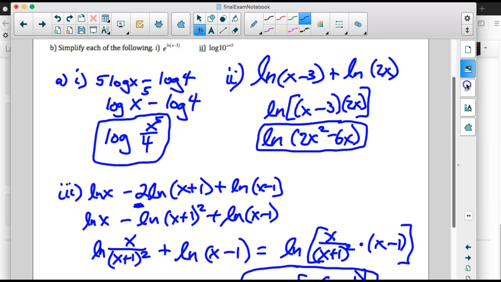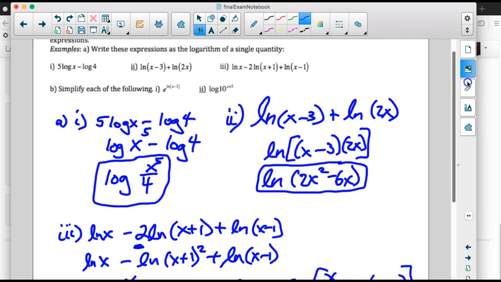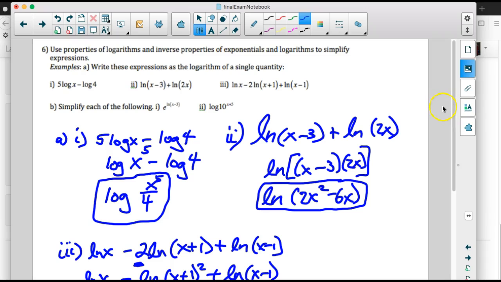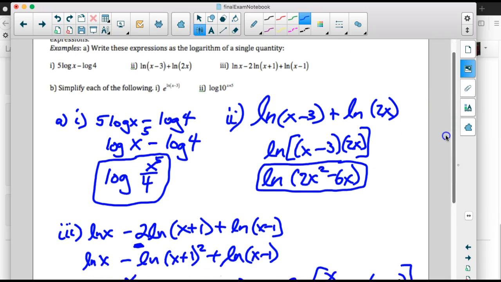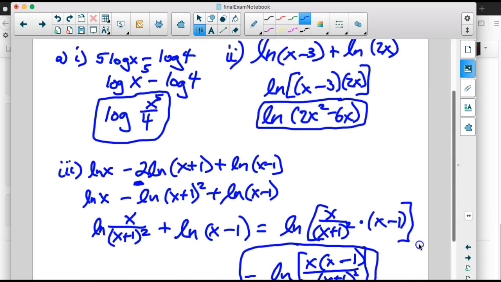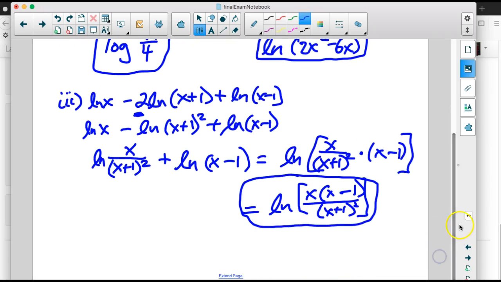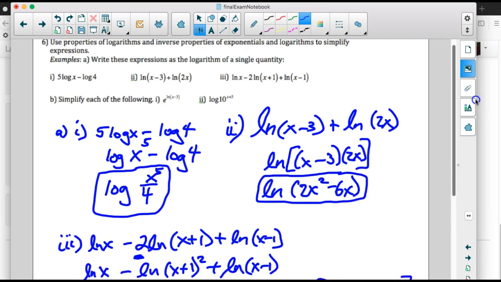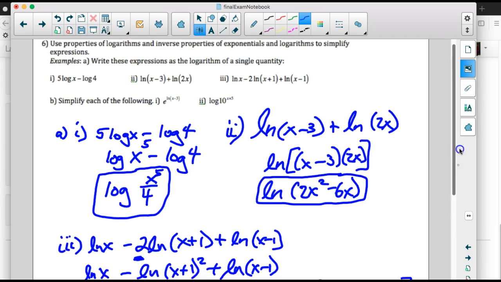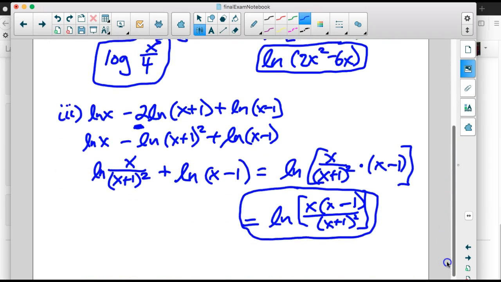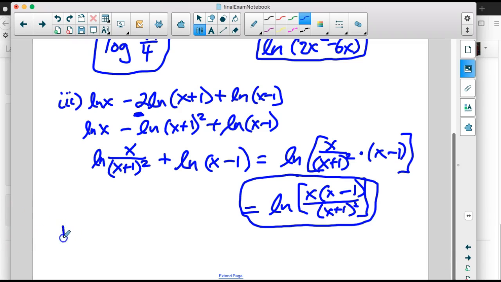Okay, so then we're going to do some simplification of logs based upon the inverses. So in part B, the first problem is e to the ln of x minus 3.